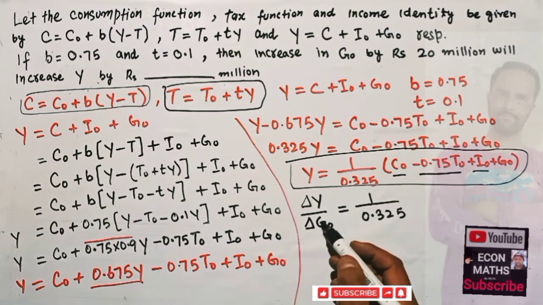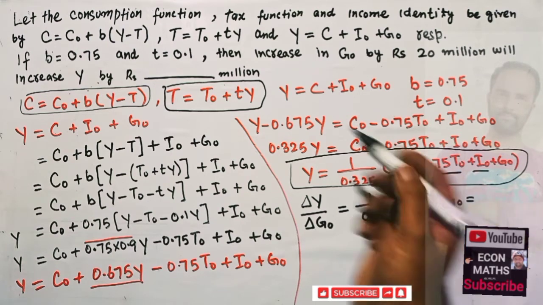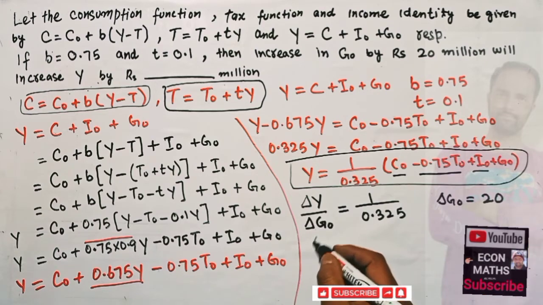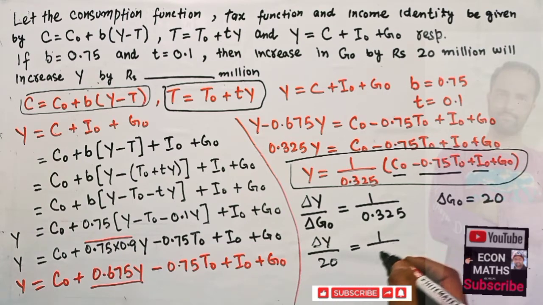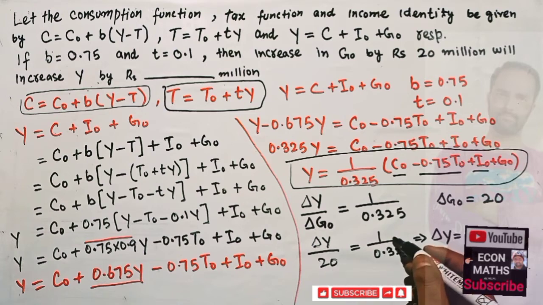0.325. Now change in government expenditure is being given to us, that is by 20 million. That means del y upon del g naught is our 20, which should be equal to 1 upon 0.325, which implies our change in income will be equal to, if I transpose this, it will get multiplied, so we have 20 upon 0.325.